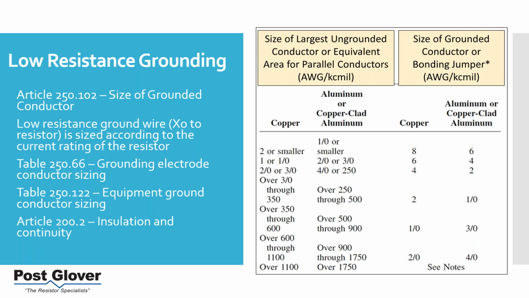So, size of ground and conductor: you have to worry about the current rating of the resistor, but you're basically going off of the table to the right. 250.66 talks about the grounding electrode. Then we have the equipment ground conductor sizing, as well as the insulation and continuity. Insulation is essentially, for example, what your XO cable needs to be insulated for.